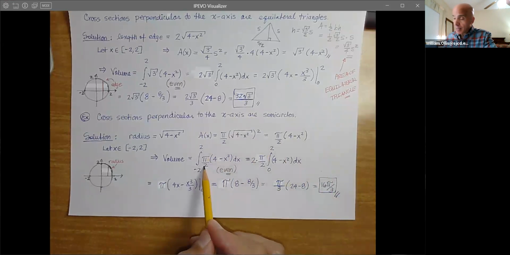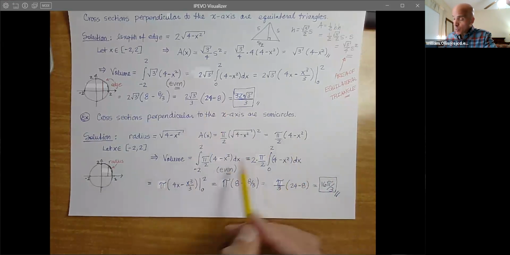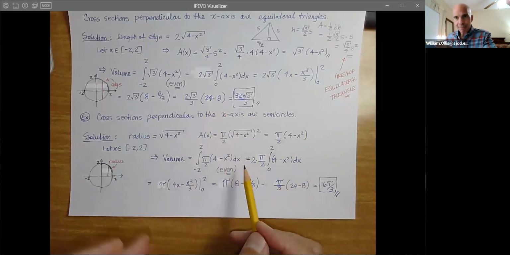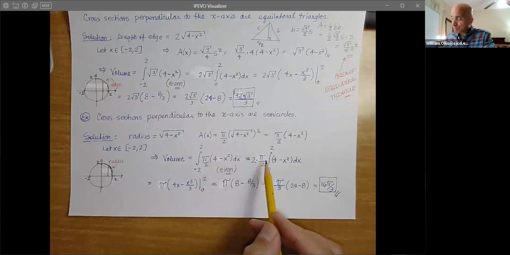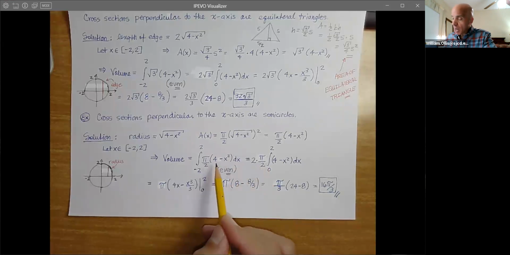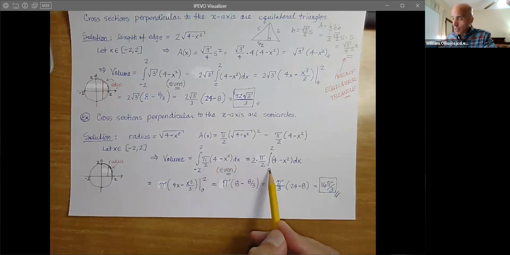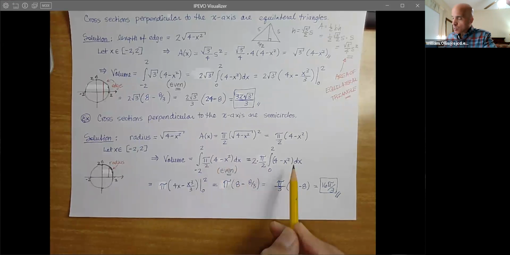So we integrate, again, as we did in the previous problem, this actual formula from -2 to 2. But again, just like we had in the previous problem, we have a nice even function. So we'll go ahead and factor the pi over 2, but then we compensate with a factor of 2 and start the integral at 0. So again, the antiderivative looks the same.